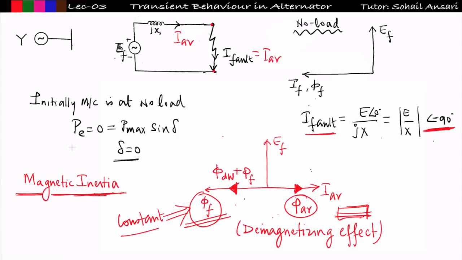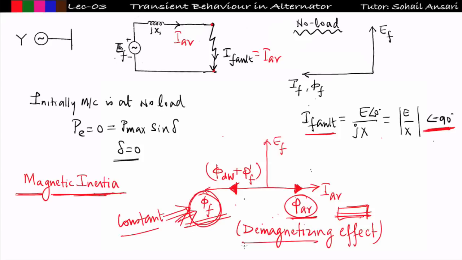And remember guys, these two fluxes are AC in nature, because phi AR is AC in nature, and the damper winding flux and the flux produced in the field winding, denoted as phi F dash, are alternating in nature, but phi F is constant DC and will remain constant.